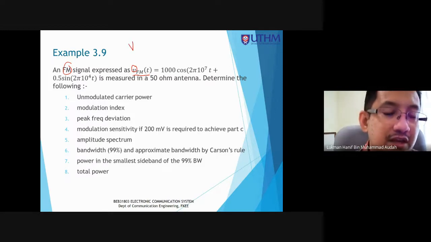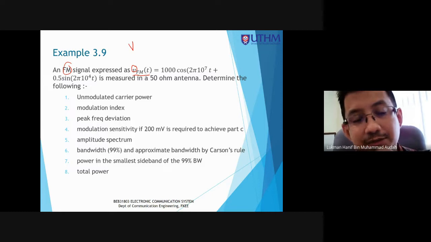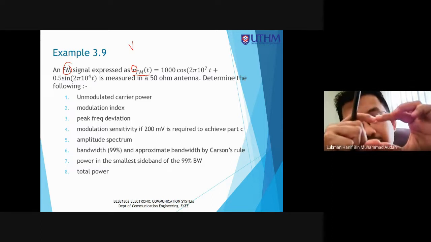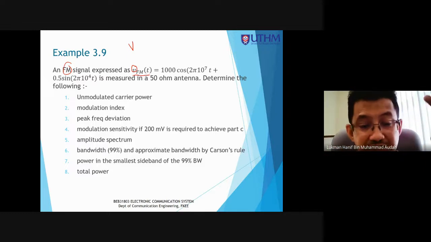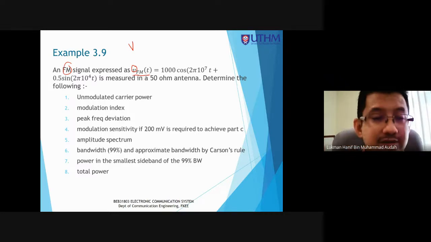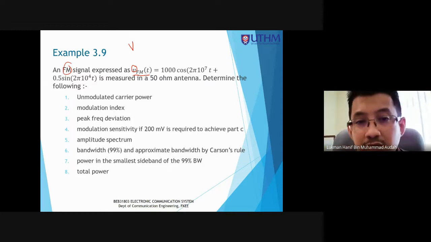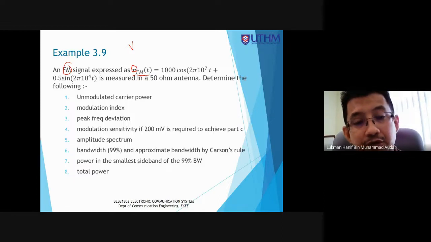Capital V is for constant parameter. That is how mathematics is written. Usually lowercase letters are for equations, for functions, and capital letters are for constant parameters. And it is equal to 1000 cos(2 pi times 10 power of 7 t plus 0.5 sin 2 pi 10 power of 4 t).